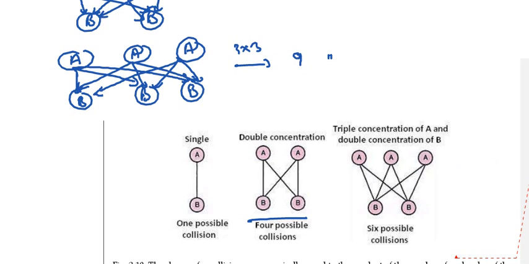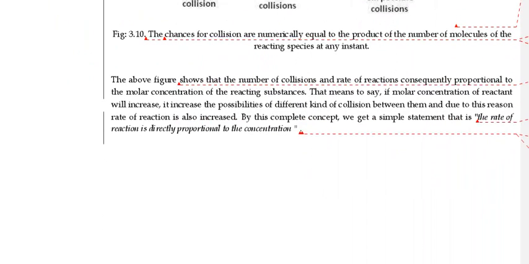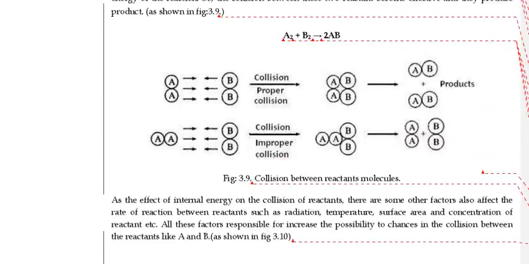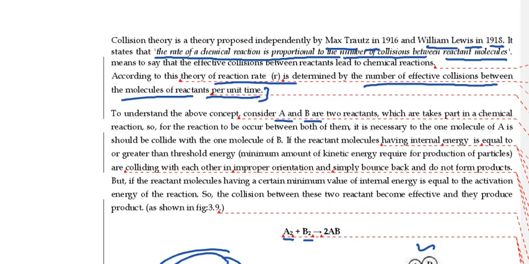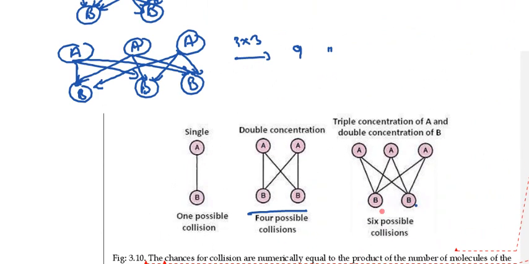So this is the statement we consider as the collision theory. Collision theory simply says the rate of a chemical reaction is proportional to the number of collisions. The more collisions occur, the more the rate of reaction increases. And collisions increase with the active mass of the reactant.